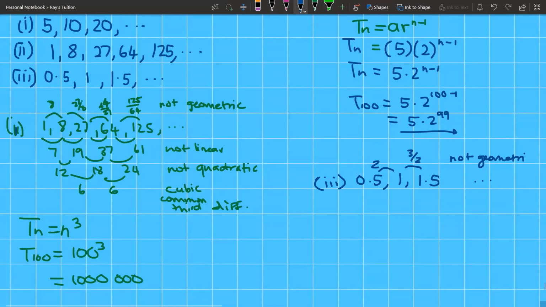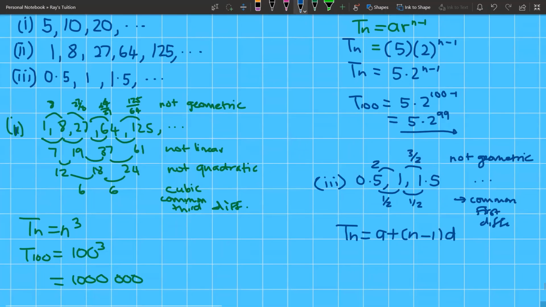Then we can have a look at common differences. 1 minus a half is a half, and 1.5 minus 1 is a half. So it has a common first difference, so it is linear. If it is linear, it follows the general formula Tn is equal to a plus n minus 1 times d.